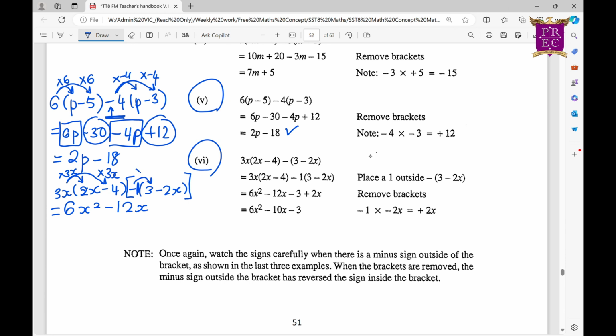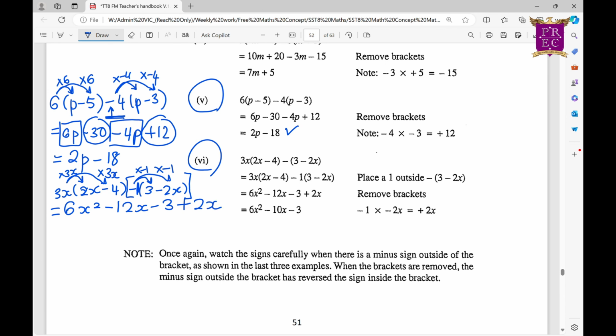So it just becomes negative 1 times 3 and negative 1 times negative 2x. Negative 1 times 3 is negative 3, or minus 3, and minus 1 times minus 2x, 2 minuses make a positive, and 1 times 2x is just 2x.